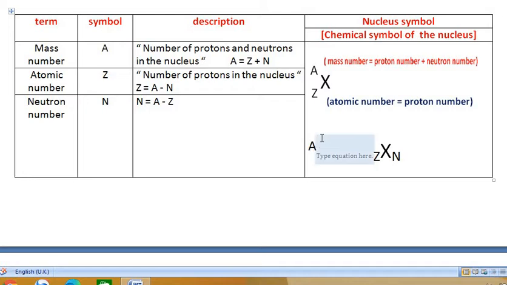So the nucleus symbol X, here is the Z, which is the atomic number, and A is the mass number, the number of protons and neutrons.